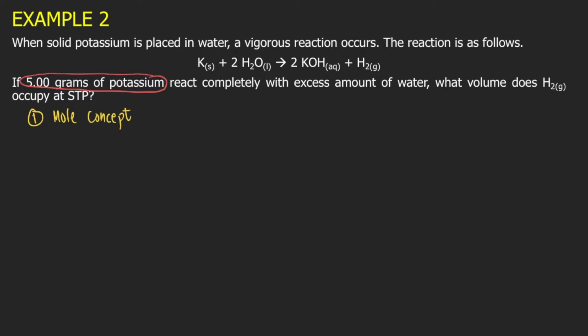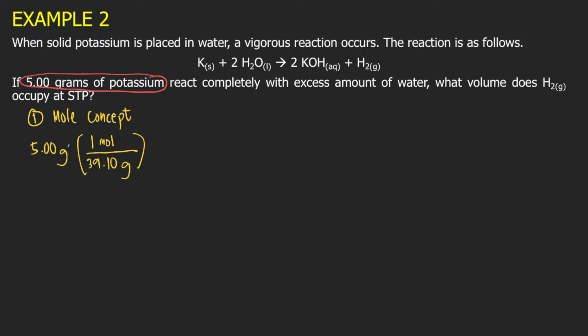So we will convert 5 grams of potassium into moles of potassium. How do you do that? You need the molar mass of potassium. So grab your periodic table and look for it. According to the periodic table, 1 mole of potassium is equivalent to 39.10 grams of potassium.